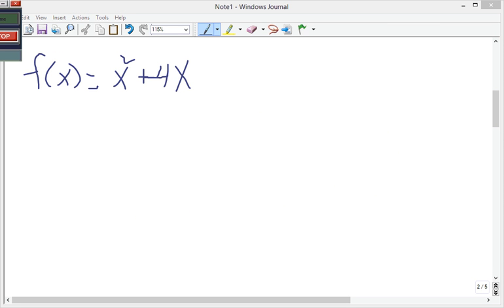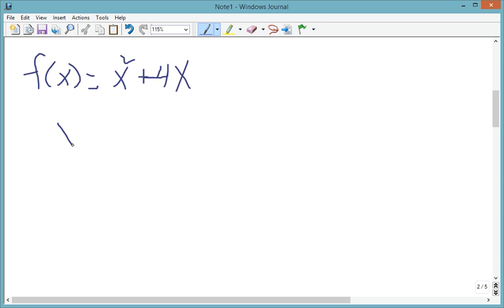So here's a function. It would be really easy to complete the square on this, but just as easy to say that the x value of the vertex is going to be negative b. So this is a 4, not a negative 4. So that'd be negative 4 over 2 times a, and a is 1, so that would be just 2.